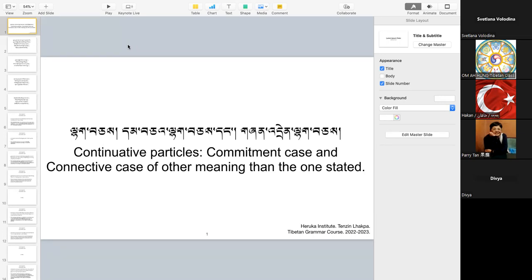Now, today we're going to talk about the commitment case and the connective case of other meaning than the one stated.